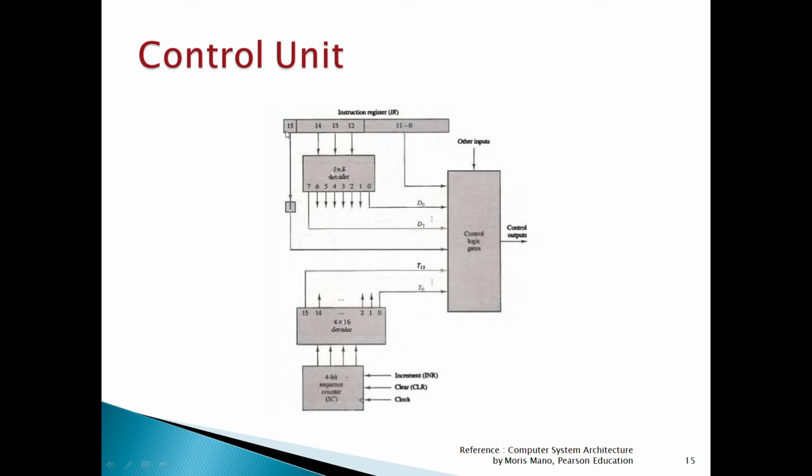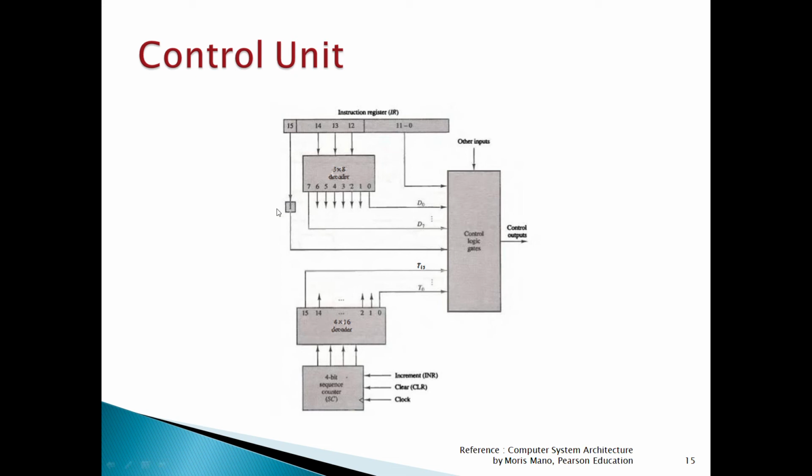This 16th bit is the indirect bit. It will tell you what type of addressing has been used. It means how this particular address calculation will execute depends totally on the indirect bit. If it is 0, it indicates to the control logic gates that the direct addressing scheme is going to be used.